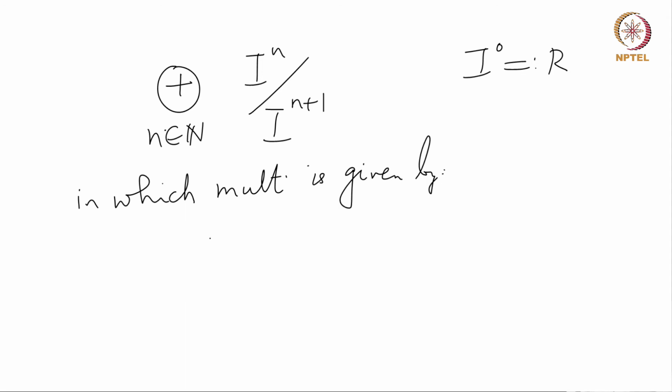Okay, so this is going to be a graded ring, so we will define multiplication for homogeneous elements.